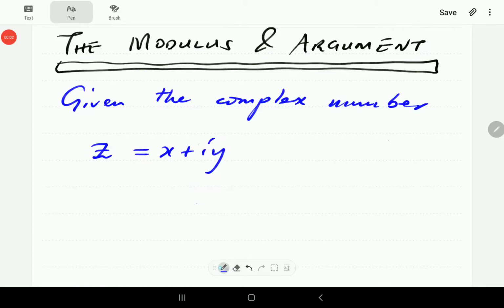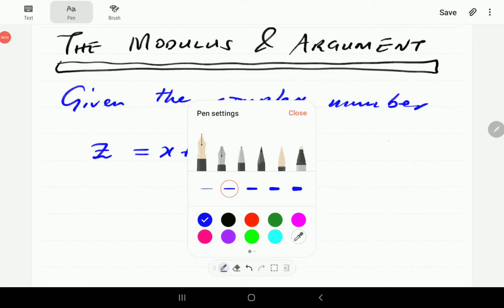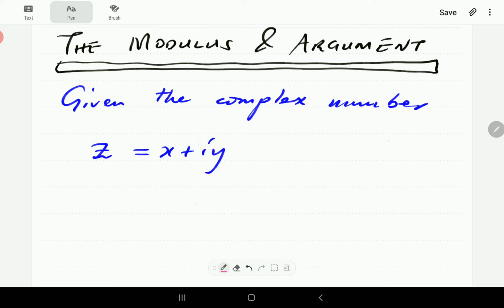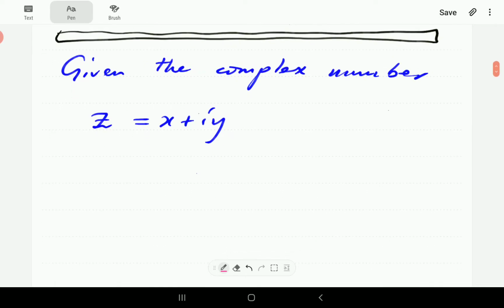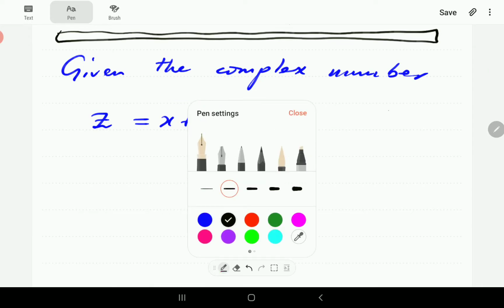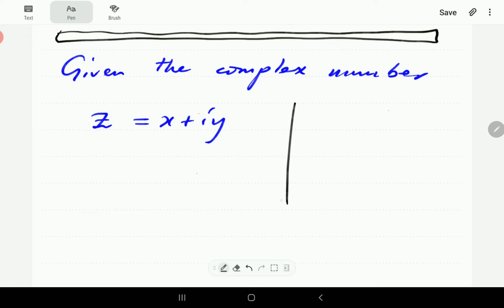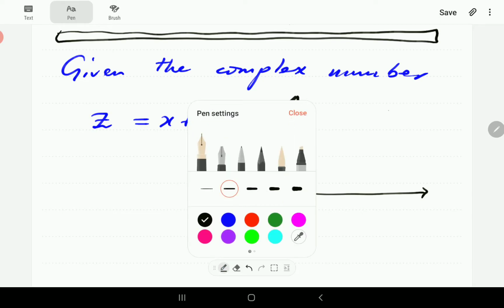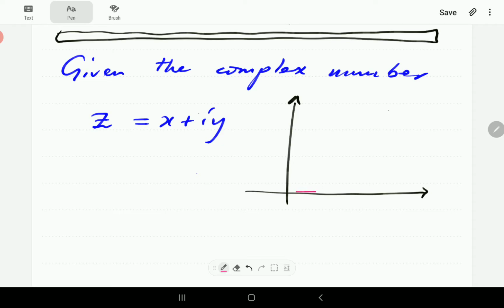Okay, in this video we're going to introduce the idea of the modulus and the argument of a complex number z. So if we start with the complex number z equals x plus iy, we have already seen that we can plot this on the Argand diagram, and it's going to be represented by the point xy.